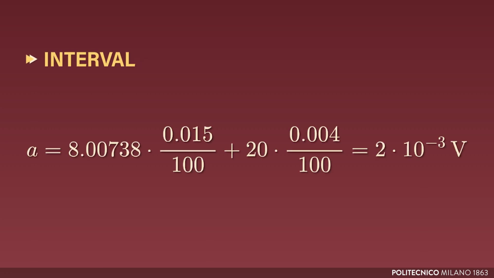From this data, an interval about the measured value is obtained, whose half-width a is given by the equation shown here. According to the manufacturer's specifications, all possible values that can be attributed to the measurand fall within this interval.